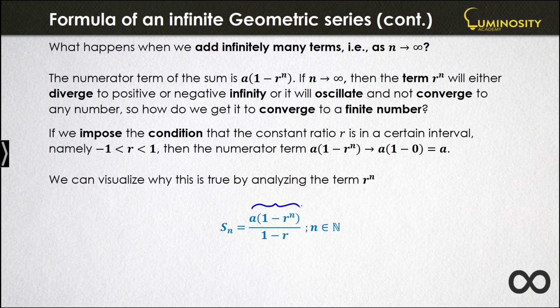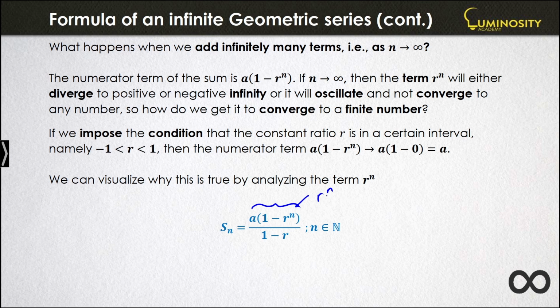So if n goes to infinity, then this r to the n term will either diverge to positive or negative infinity, or it will oscillate and not converge to any number. So how do we get it to converge to a finite number? I'm going to show you in the next slide what happens depending on these r values.